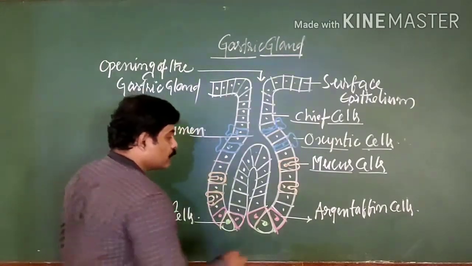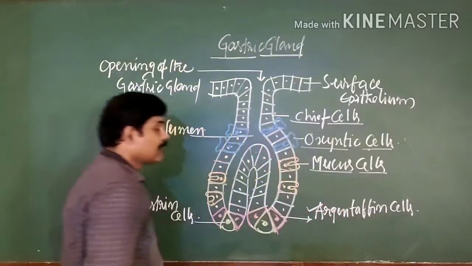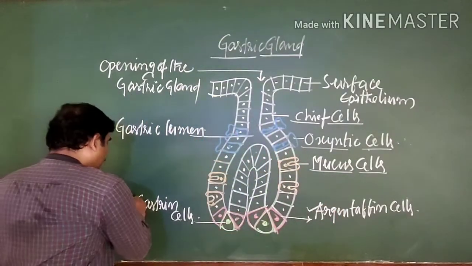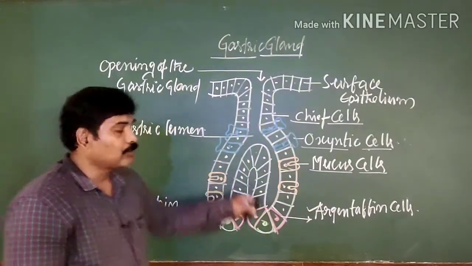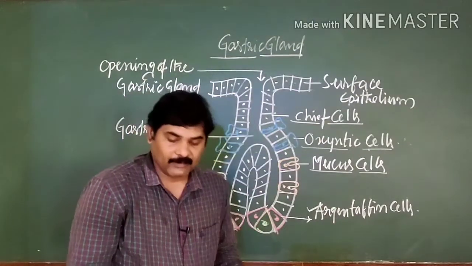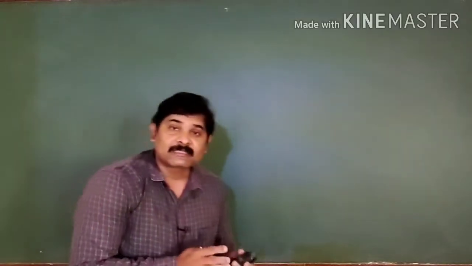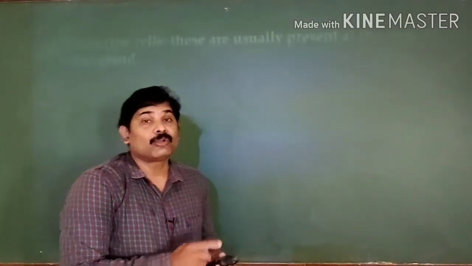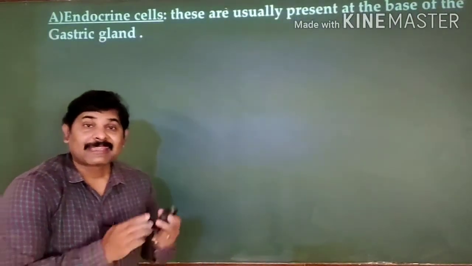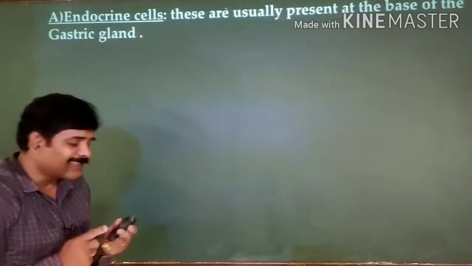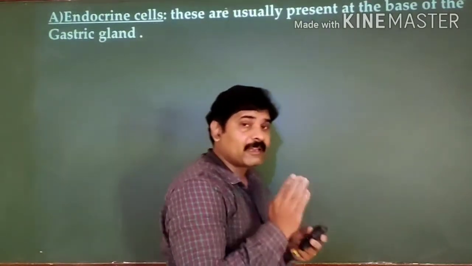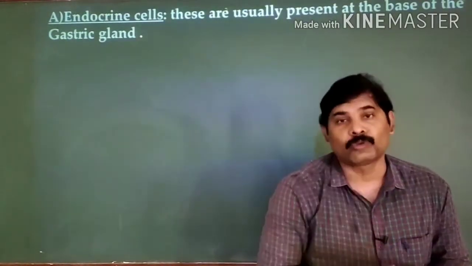Now I'd like to give you detailed information regarding these adjunct cells as well as the gastrin cells present in your gastric gland. Clear? Right. Now let us study in detail the endocrine cells present in your gastric gland. As I said, the endocrine cells present in the gastric gland are of two types.